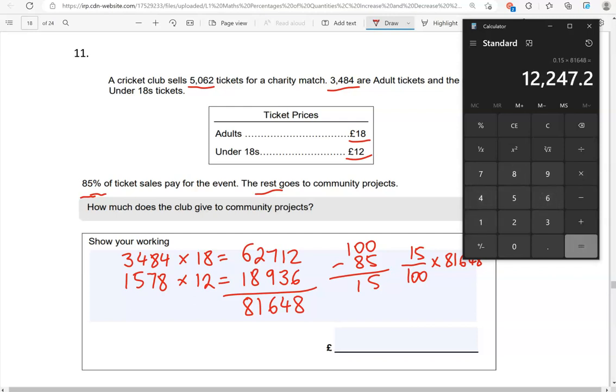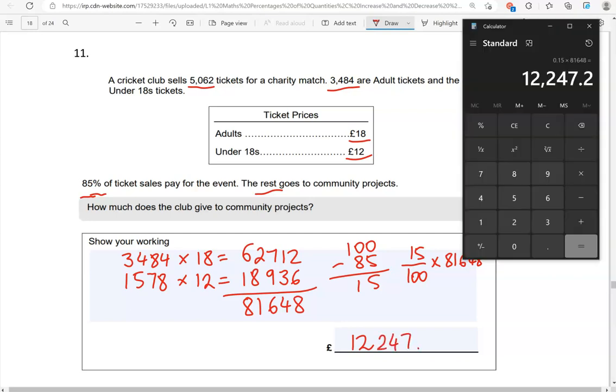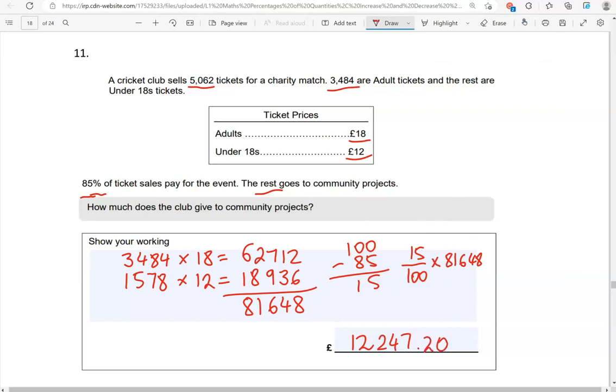Gives us 12,247 and 20 pence. That's how much goes to community projects.